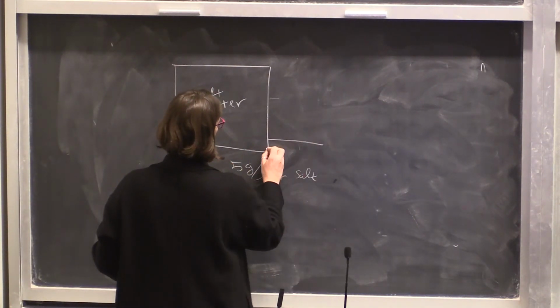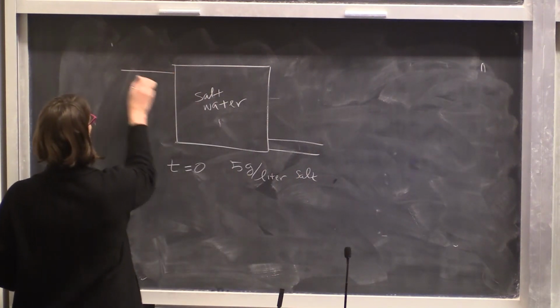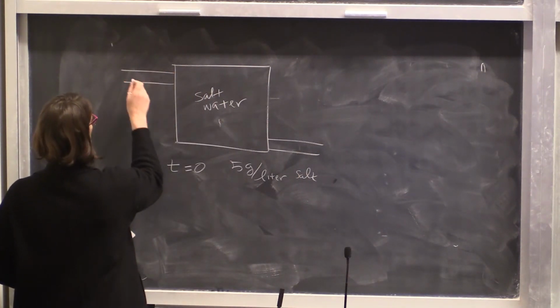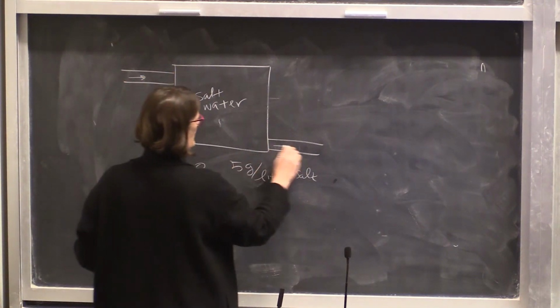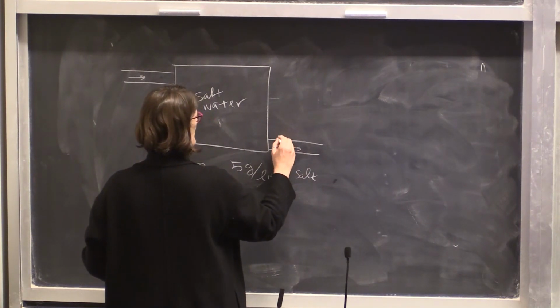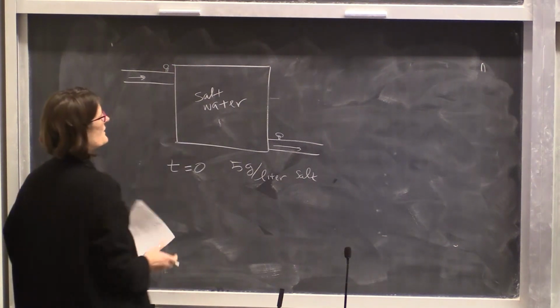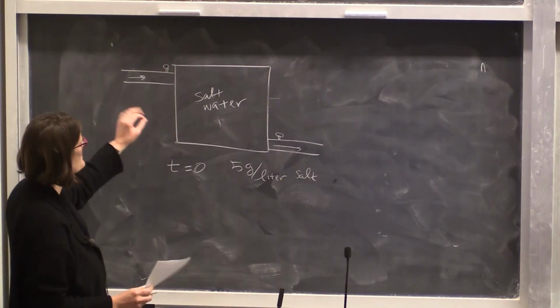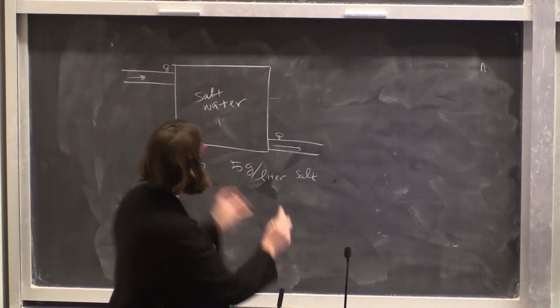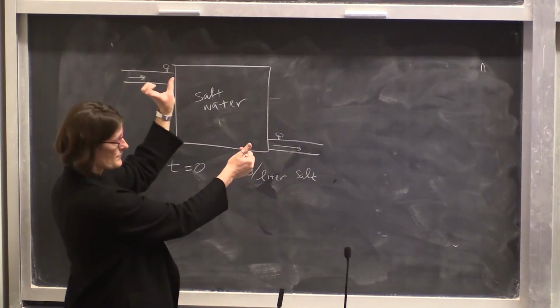But there's an input and there's an output with a little knob. And we assume that at time 0, both knobs are opened.